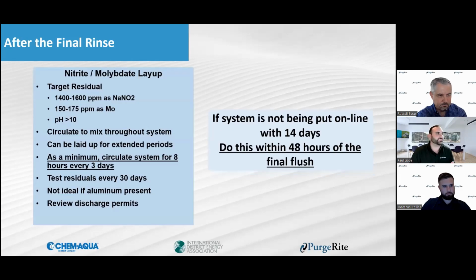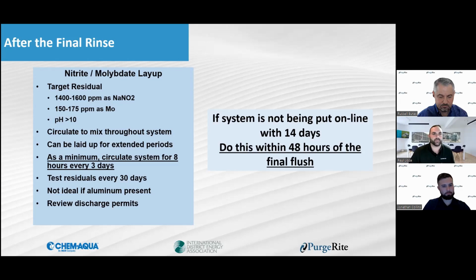So now we're going to get into the layup procedure, which would be a pretty standard layup procedure. It would be a sodium nitrite molybdate based product, where you're really juicing that system up with enough inhibitors that are well above the normal operating parameters in ppm. But the system needs it, right? We want to limit the amount of any potential oxygen entering the system.